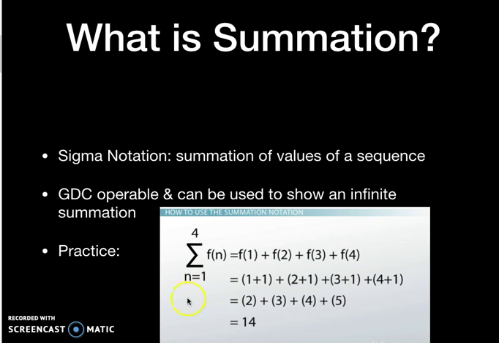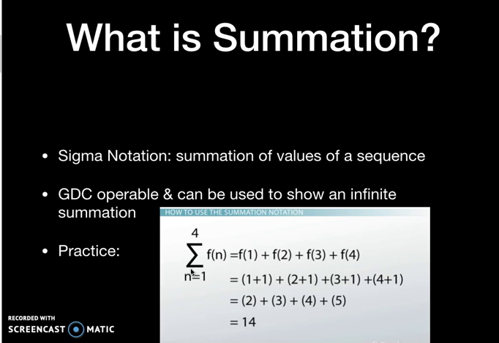If you were to read this, it would be the sum of all terms u subscript i from i equals 1 to i equals n. I'm going off of the standard form, which has an n at the top instead of a 4, a u with a subscript of i instead of an f of n, and i equals 1 at the bottom. These are just different variables being used.